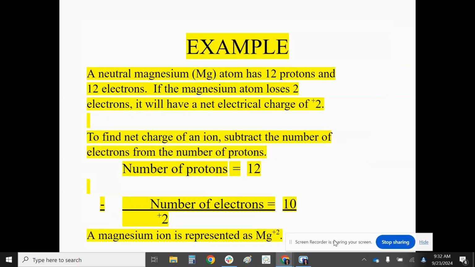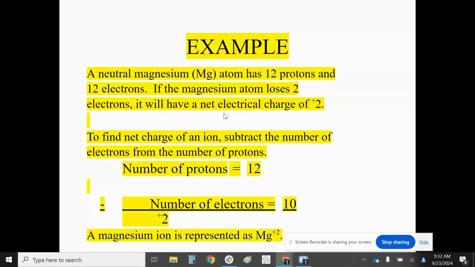So, an example, magnesium has 12 protons and 12 electrons. We know that because of the proton number 12. Remember, proton number is the identifier of the atom. When you look at the valence electron number for magnesium, it's 2 because of the group number 2.